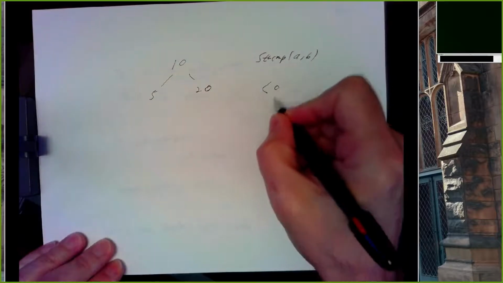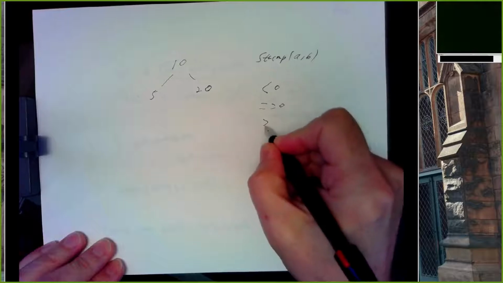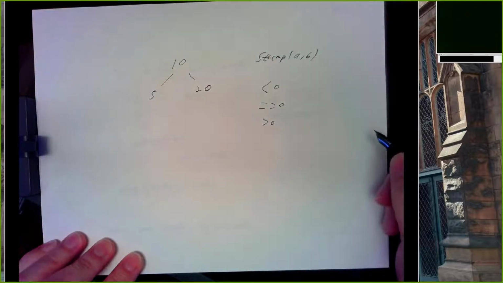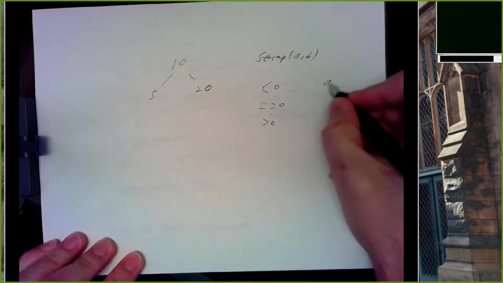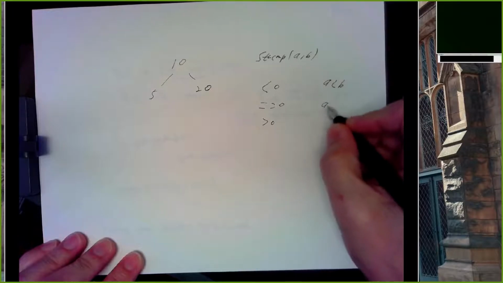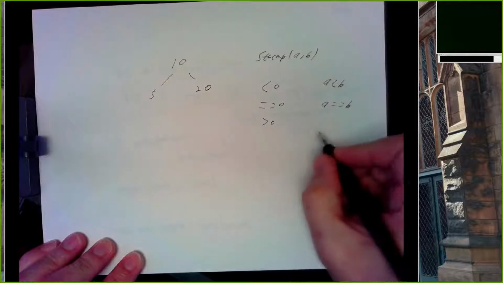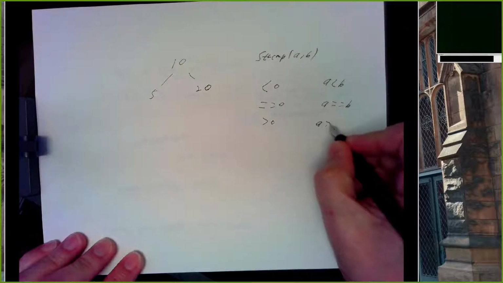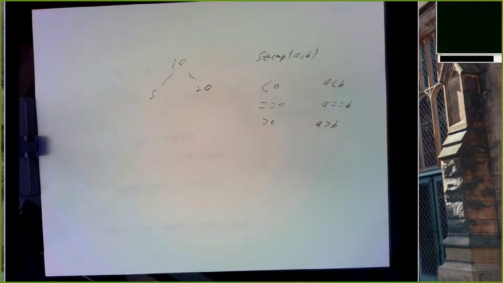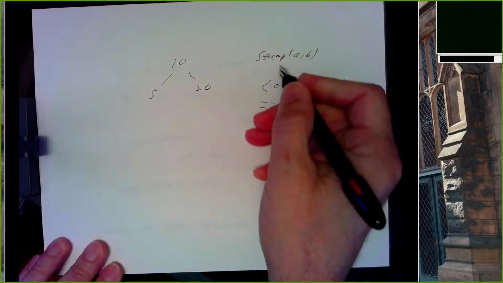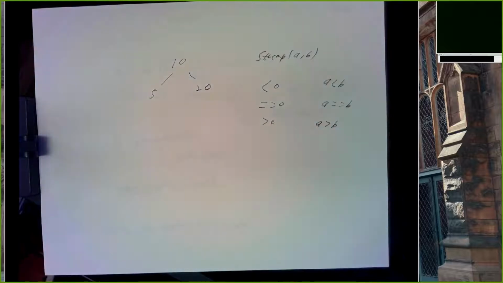String compare returns a value which is less than 0, equal to 0, or greater than 0. If it returns less than 0, it means A comes before B. If it returns 0, it means A and B are exactly the same string. If it returns something bigger than 0, it means A comes after B lexicographically. So use the sign of that result to tell you when something is to the left or to the right of something else.